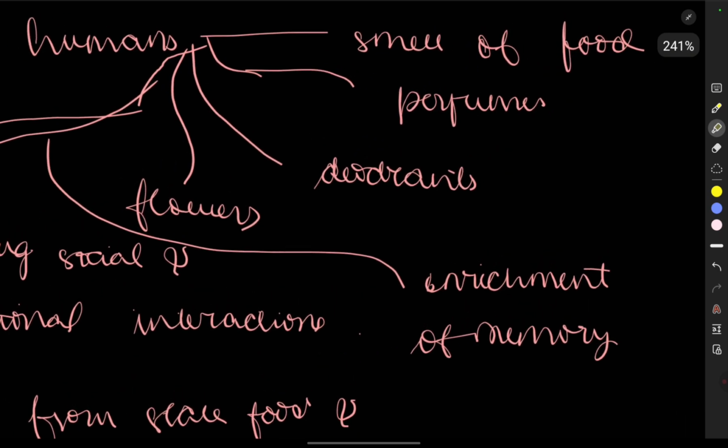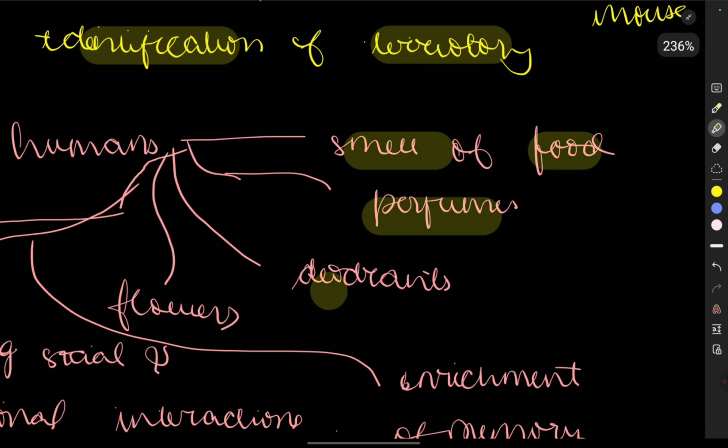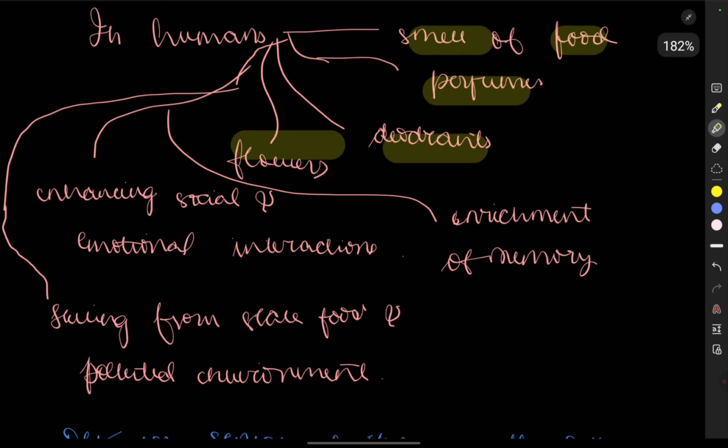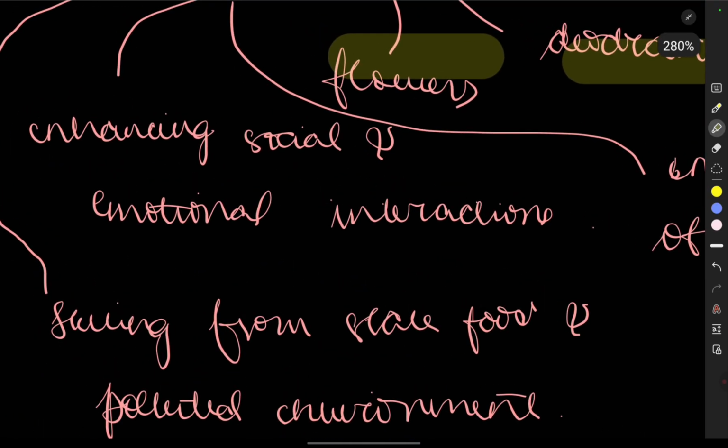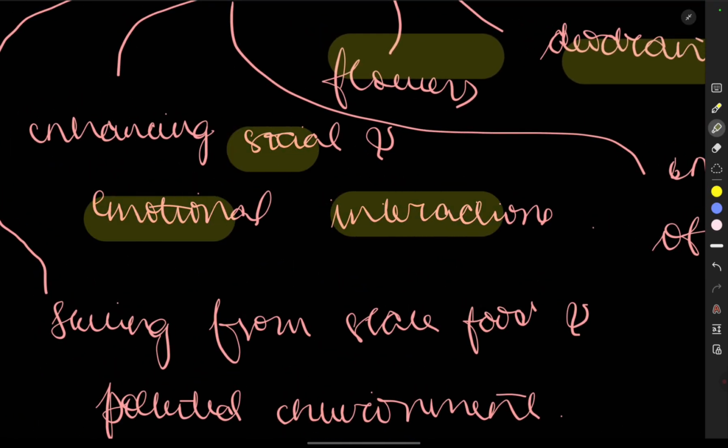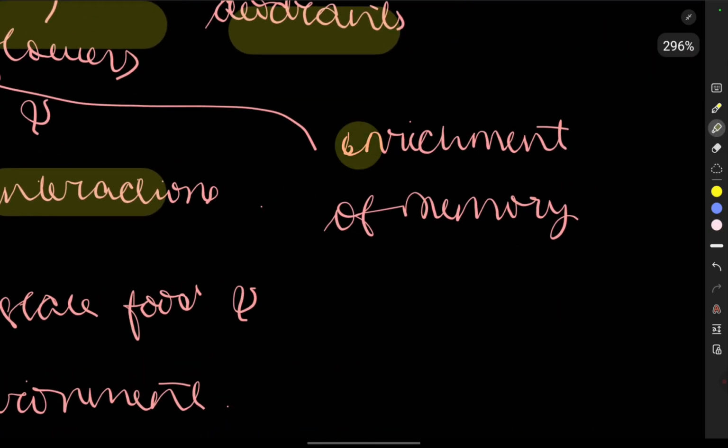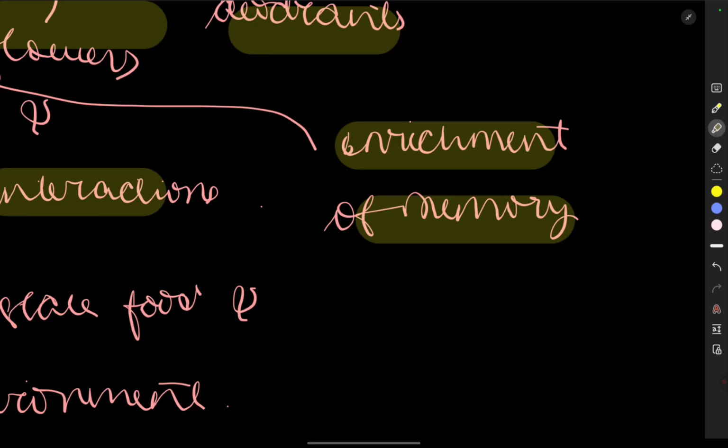In humans, we can sense the smell of food, perfumes, deodorants, flowers, etc. And it is helpful for enhancing social and emotional interaction with the people and animals as well. It also enriches the memory.